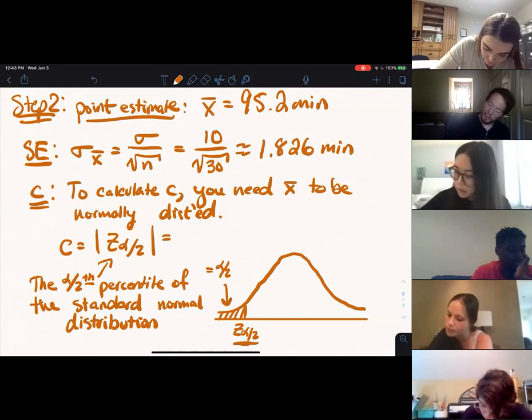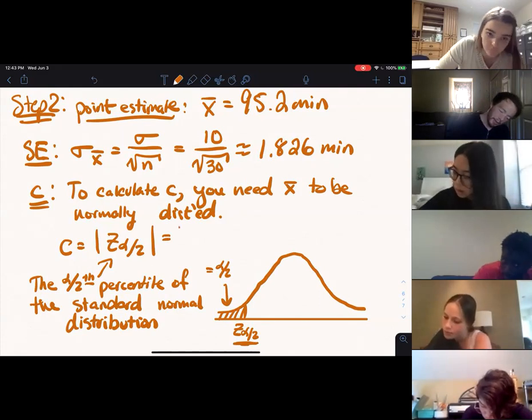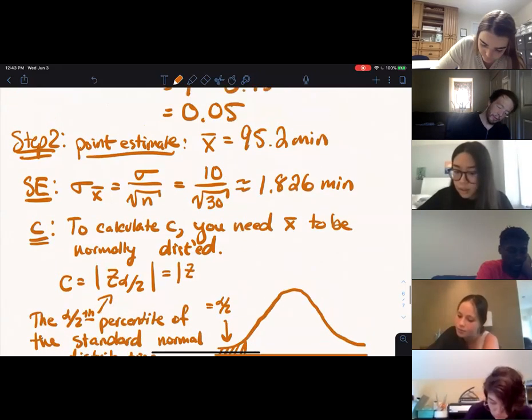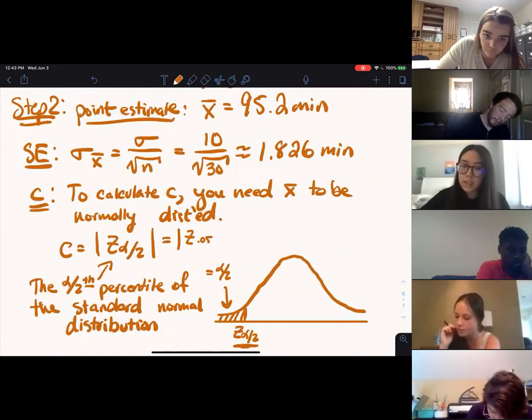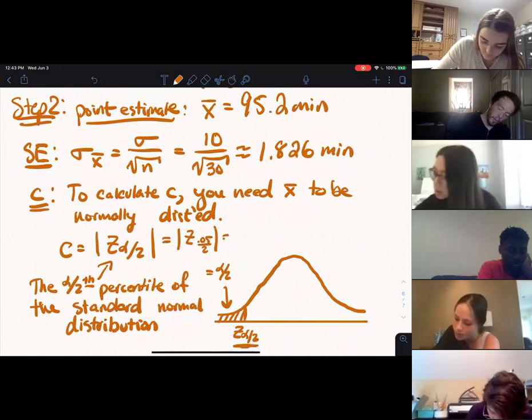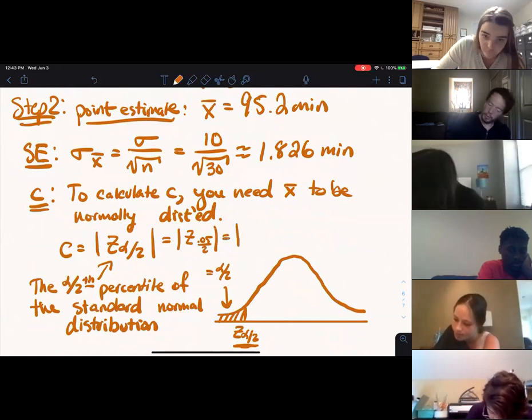Let's actually plug in what it is going to be in this case. This is going to be z of, what was our alpha? 0.05, so 0.05 divided by 2, which we actually had an Excel function to do this for us.